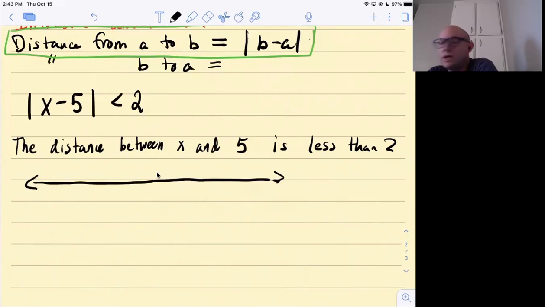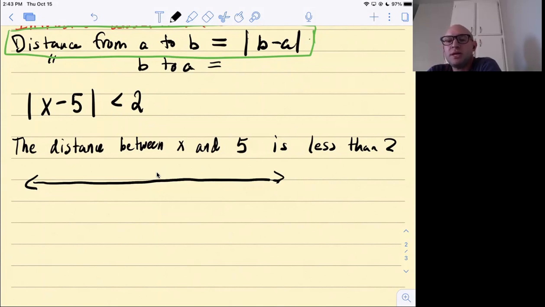But imagine I told you guys, the distance between you and Claremont High School has to be less than 3 miles. How would you describe where you're allowed to hang out? You can hang out anywhere you want as long as it's less than 3 miles away. You're not allowed to go more than 3 miles away from Claremont High School.